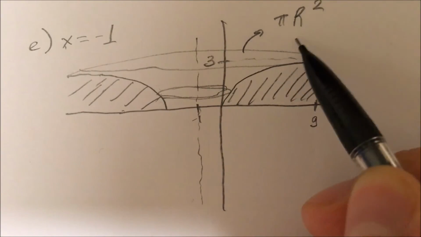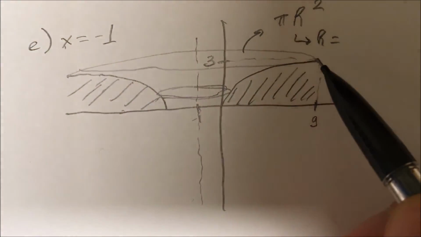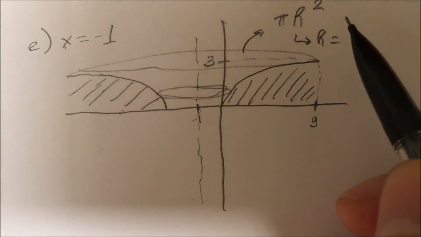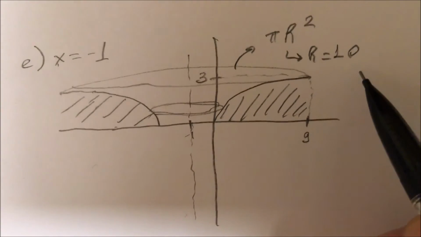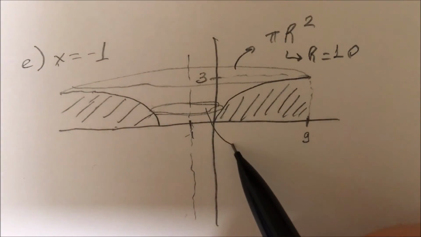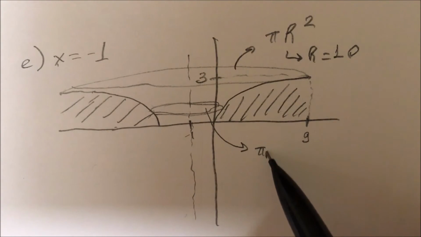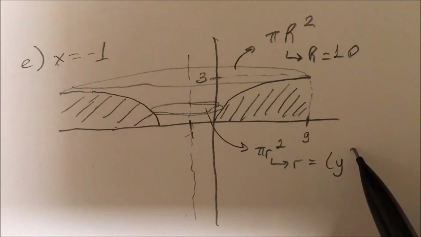So pi big R squared, our big R is 9 plus 1, which is 10. And then our small r, again in order to find the area of that small circle, is y squared plus 1. So we need to write the integral from, don't forget, 0 to 3, because now we are dealing with dy's and y's.